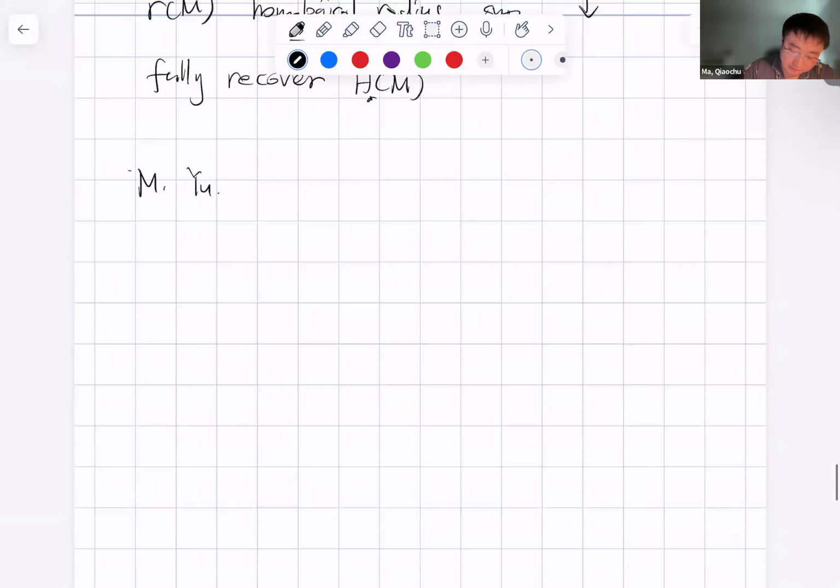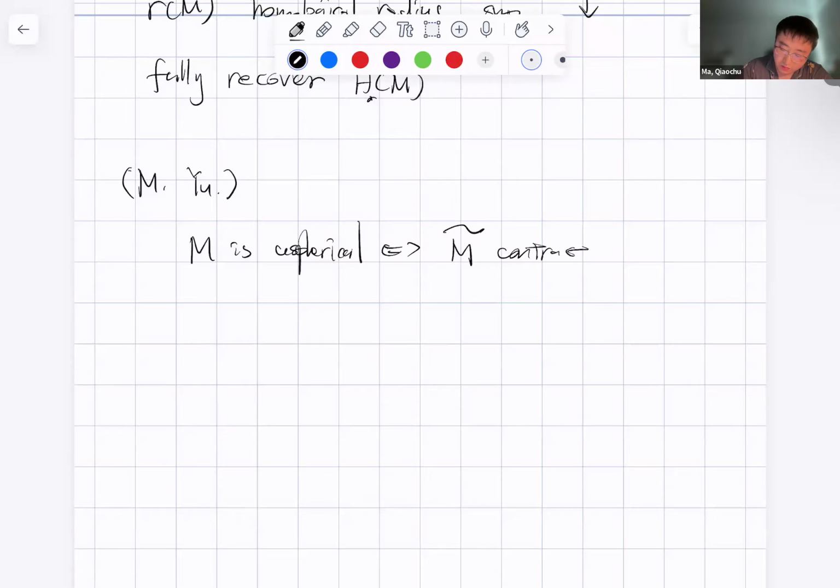If M is aspherical, which means the universal covering of this manifold is contractible, then the homological radius is infinity.